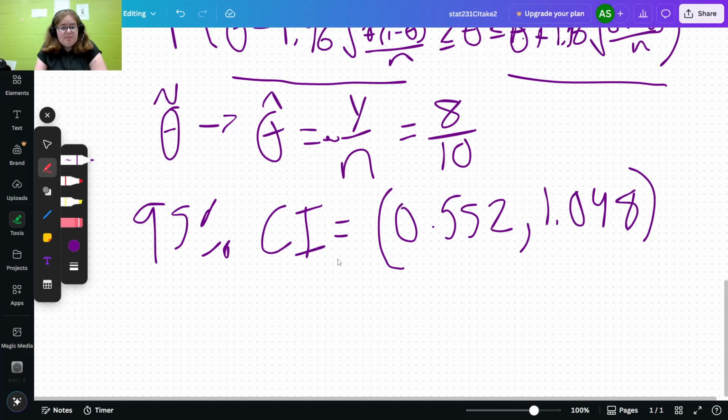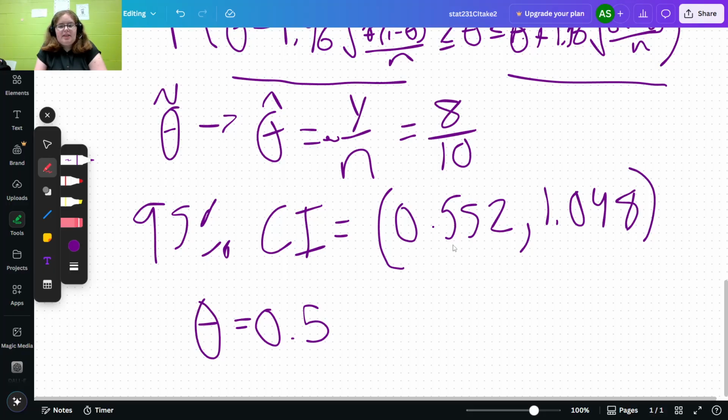But the real analysis part comes in when we consider, okay, is my assumption that this is a fair coin a reasonable one or not? Well, if this is a fair coin, then we're expecting that theta, the probability of getting a head, is going to be 0.5. But notice that this value is smaller than the lower bound of my interval.